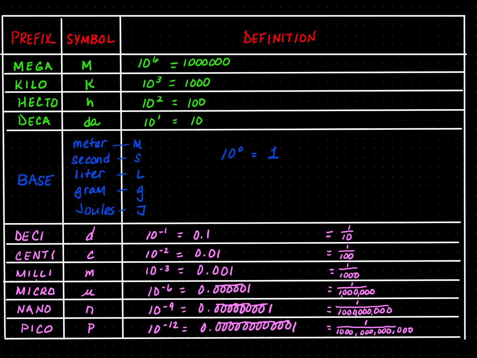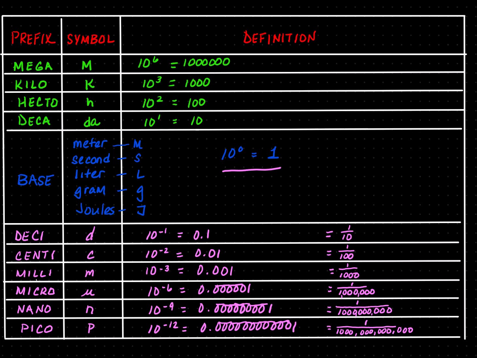Deca, da, is 10 to the 1, which is equal to 10. The base unit, which is 10 to the 0, remember power of 0 makes it equal to 1, are meter, second, liter, grams, joules. It could be calories, it could be pascals. Those are my base units.